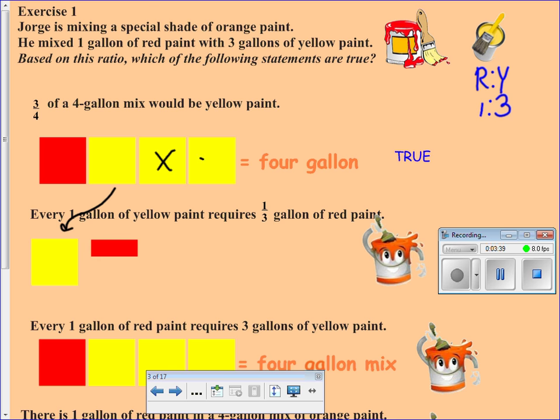Basically I took my 3 gallons and I'm separating it. Now I have to take my red and separate it somehow, but how would I have to separate it so that it would fit evenly in the 3 yellows? So I would have to separate this into how many sections?